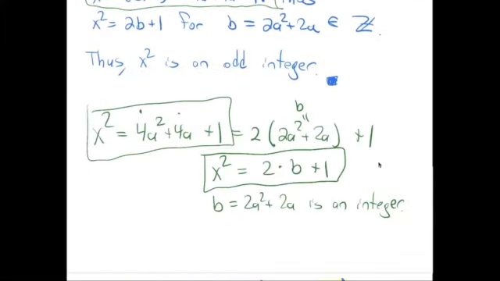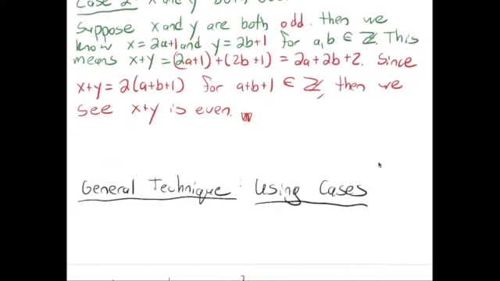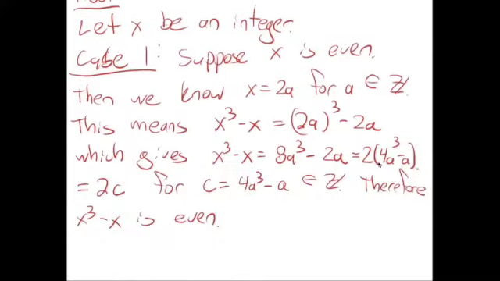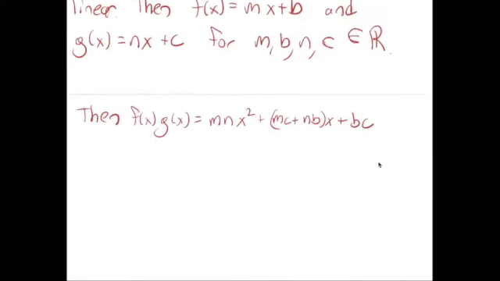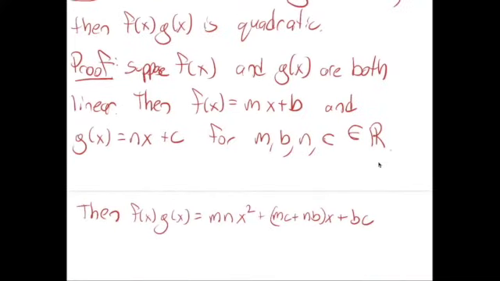I think one detail that I did leave out over here is that we do need to say that f and g are linear functions, so we can't have m or n be 0, or else it would be a constant function.